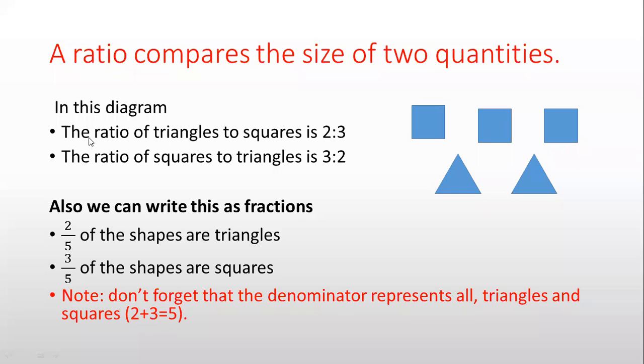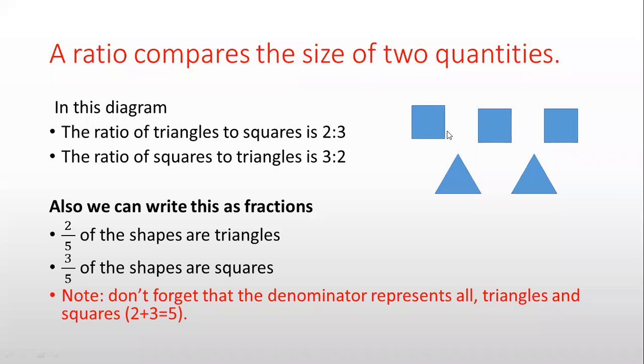So if you need to write the ratio of triangle to square, triangle first, then square. How many triangles? One, two. So I will write two here first. Then three. What is the three? Three is the number of squares you have: one, two, three.